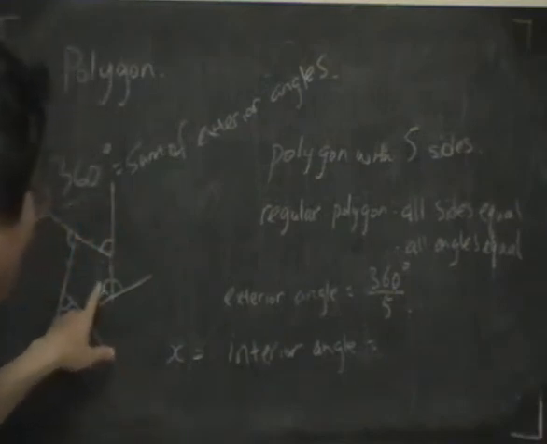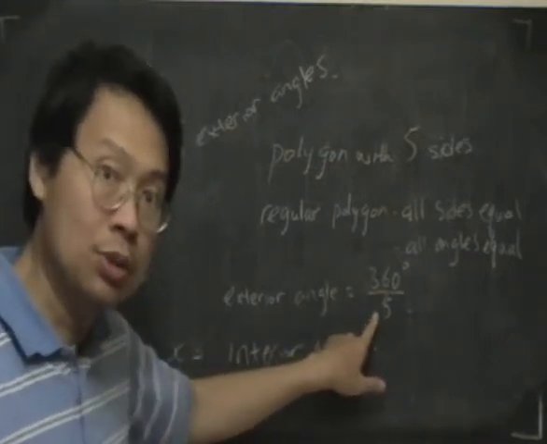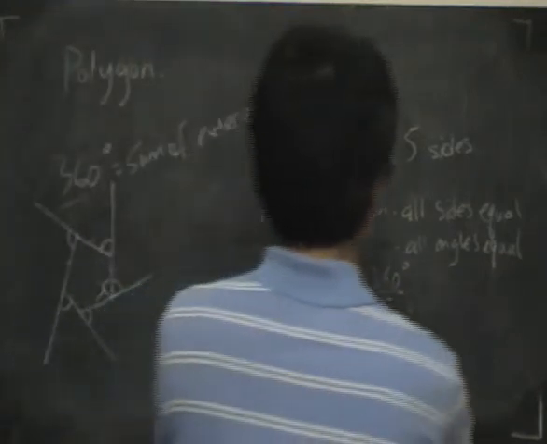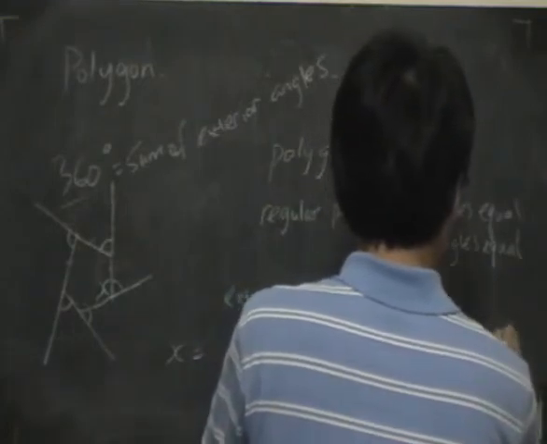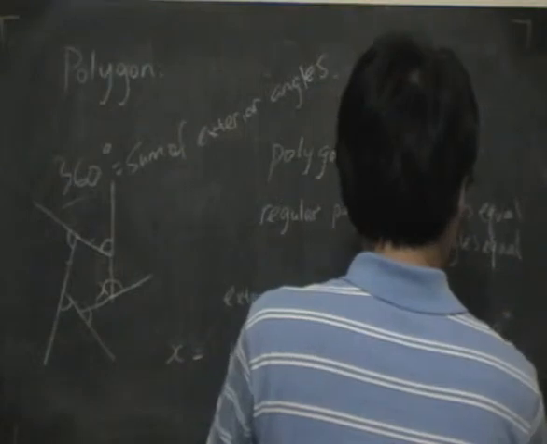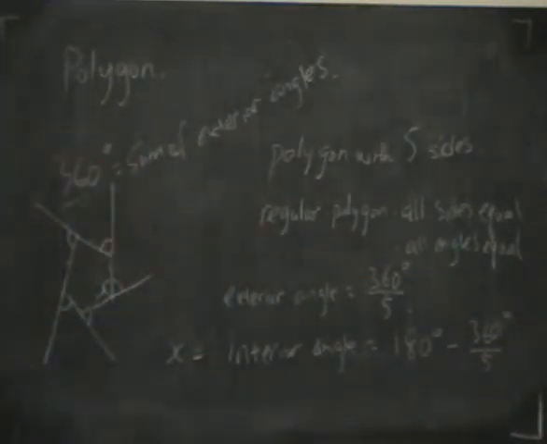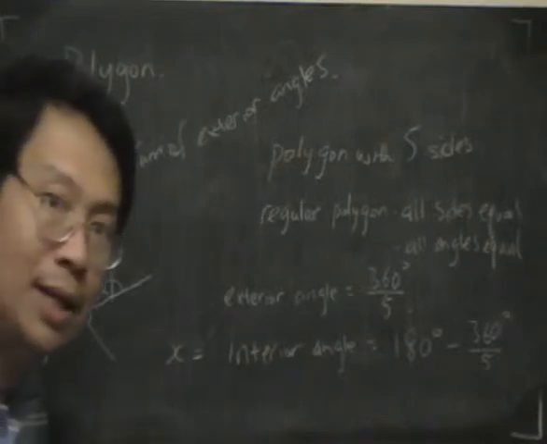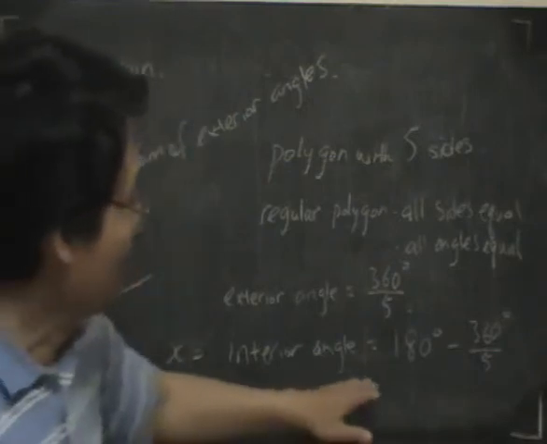So that means I can find x by subtracting the exterior angle from 180 degrees. Okay, there we are. Now we have the answer for one interior angle. So we are making good progress.